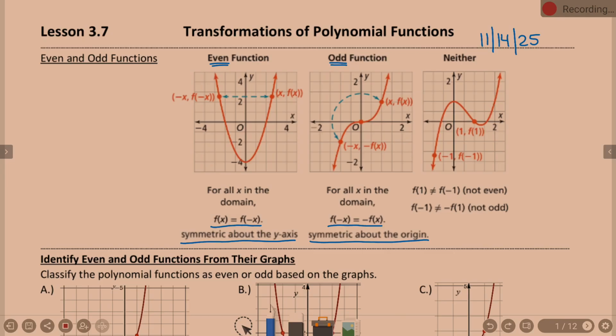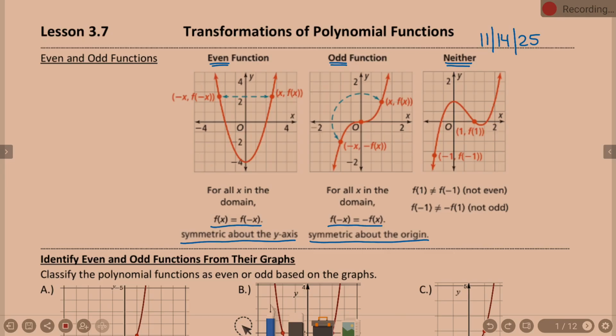Now, your third option: a function can be even, it can be odd, it can be neither. Neither basically means it doesn't fit into either of the first 2 categories. It's not symmetric about the y-axis, it's not symmetric about the origin, or the 2 algebraic statements are not true. You don't know neither until you test the other 2.